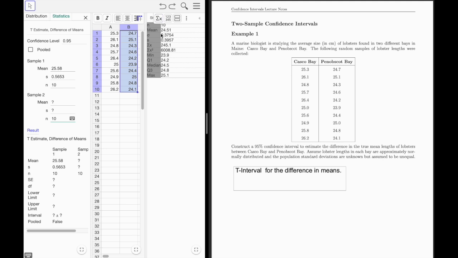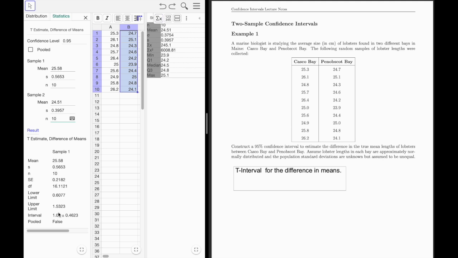We have a mean of 24.51, and our sample standard deviation is 0.3957. Okay, so we have all of our information in there. We want to make sure that this pooled option stays unchecked.